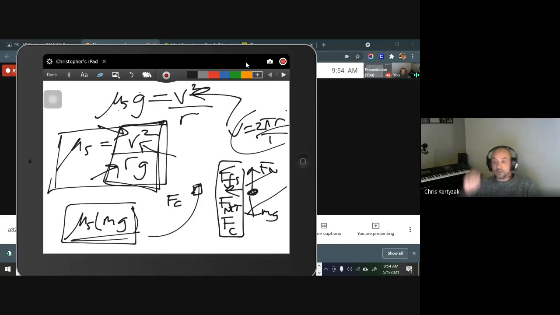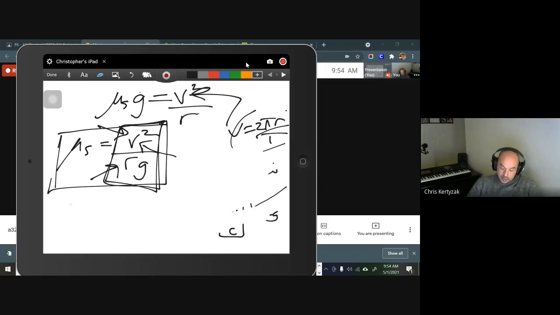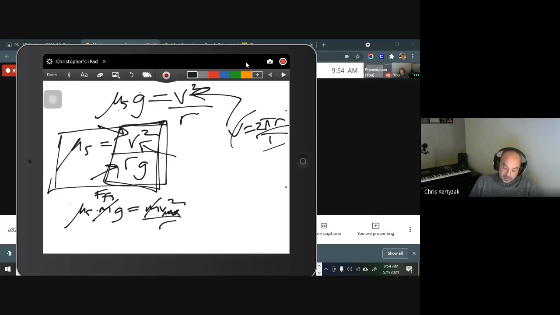Mu mg was equal to mv squared over r, right? So if they did that, which is the other way this problem goes, they ask you for what the maximum speed is. You'd say, again, mu s times m times g, that's static friction force, equals mv squared over r. Amazingly, again, it doesn't depend on the mass of the car. And this would represent V max, the maximum speed.